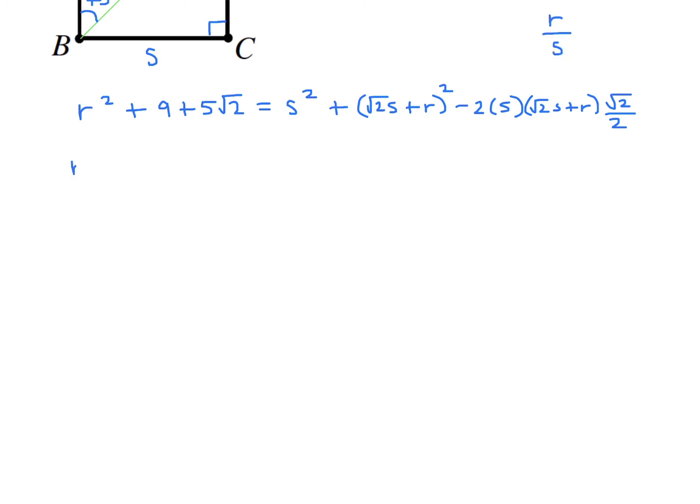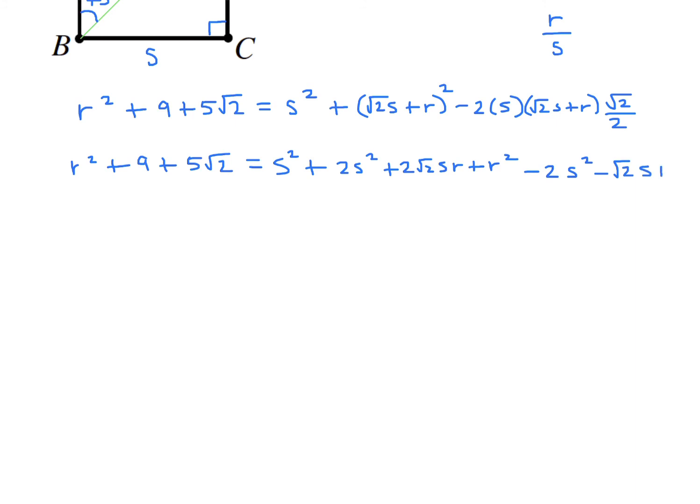Okay, so here we go. R squared plus 9 plus 5 root 2 equals S squared. Multiplying this all out, you get, let's see, 2S squared plus 2 root 2 SR plus R squared. And then this is going to be minus 2S squared minus root 2 SR. Okay, now a whole bunch of things will cancel, I hope.